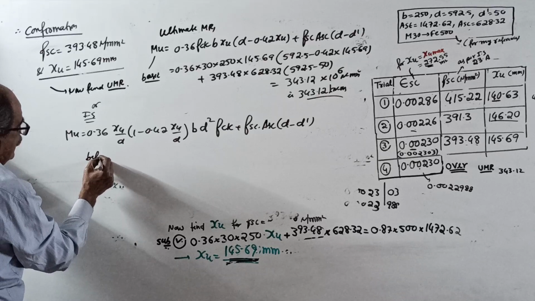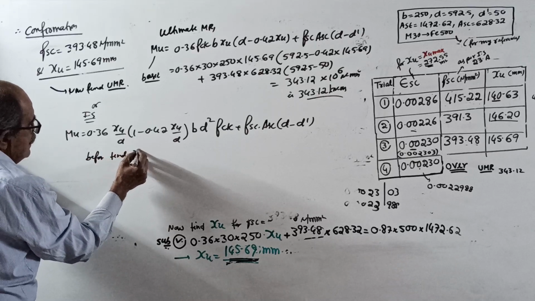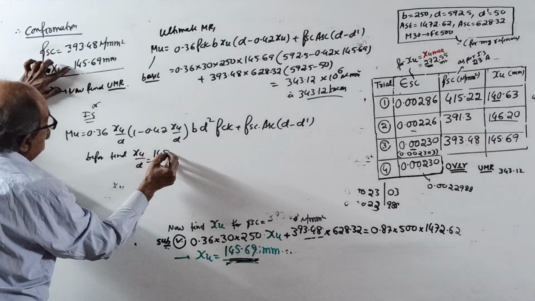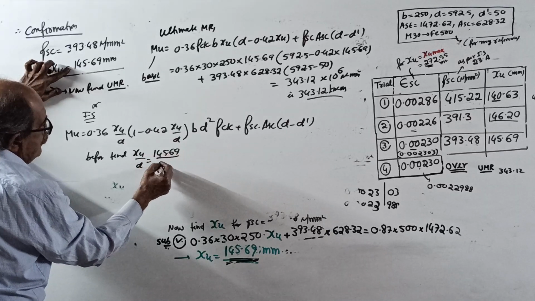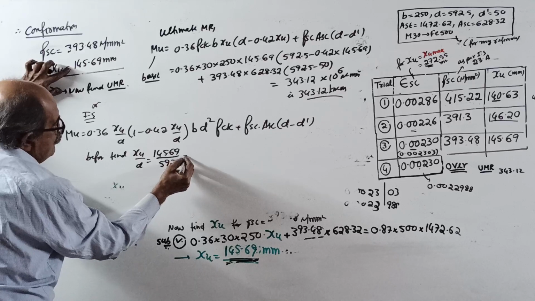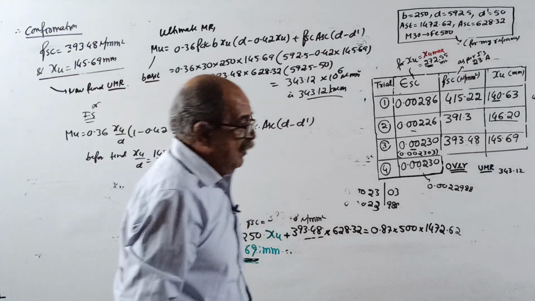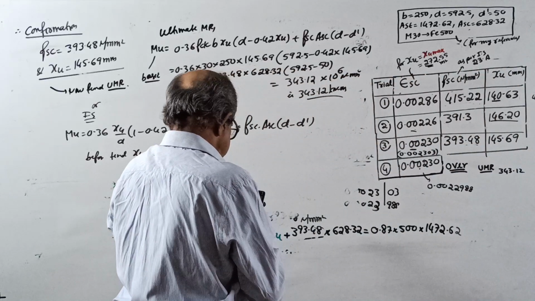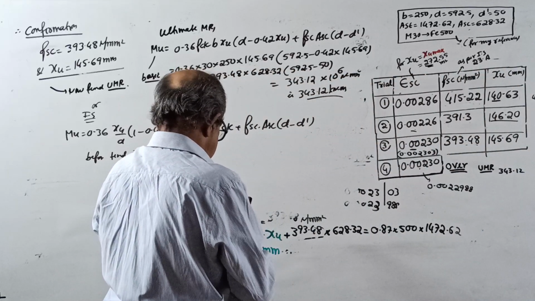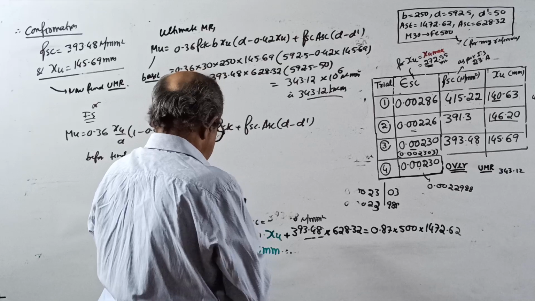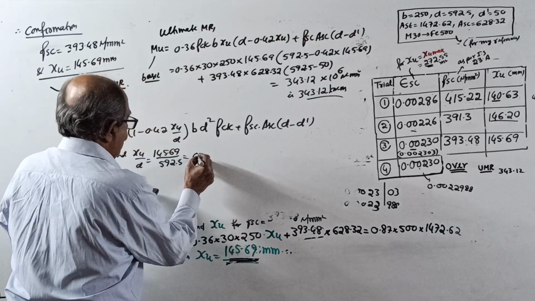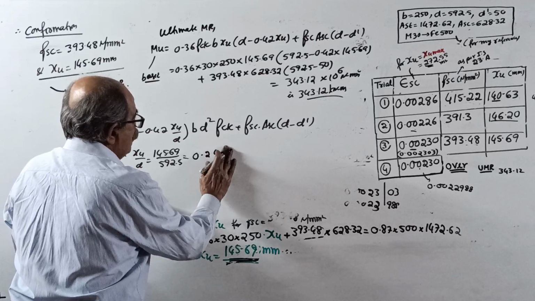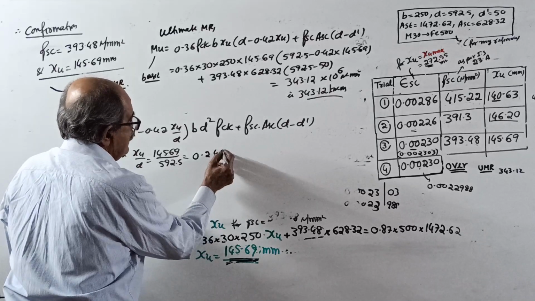Before substituting, find xu by d. xu by d is 145.69 divided by 592.5, which is 0.2459.